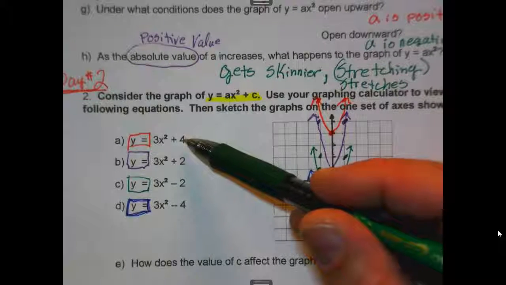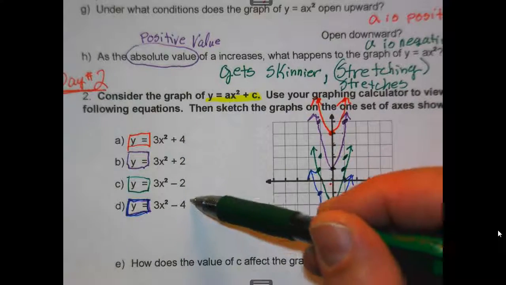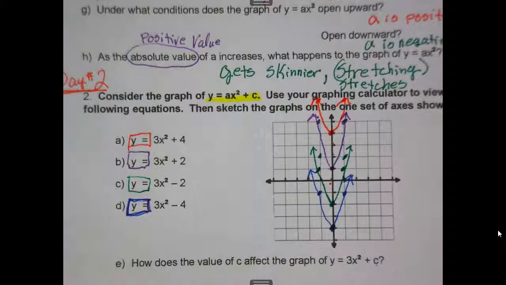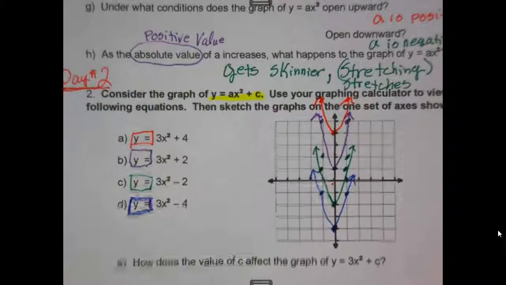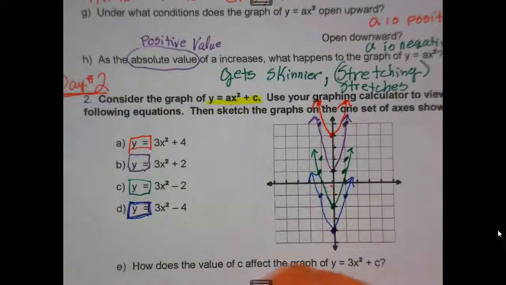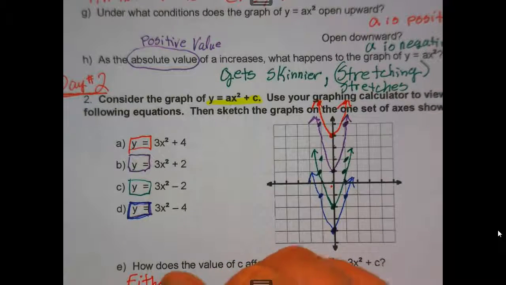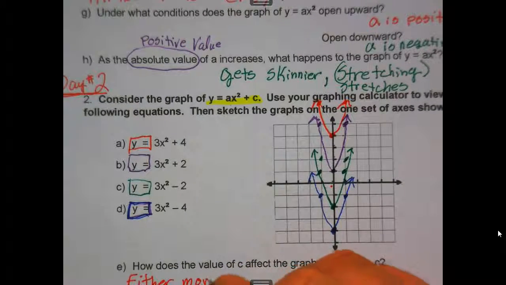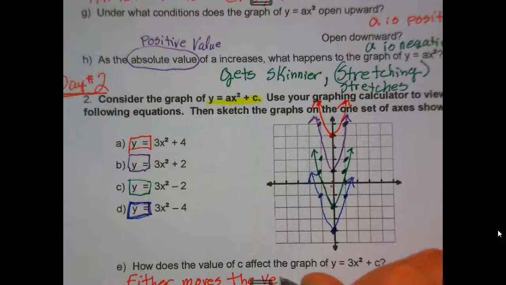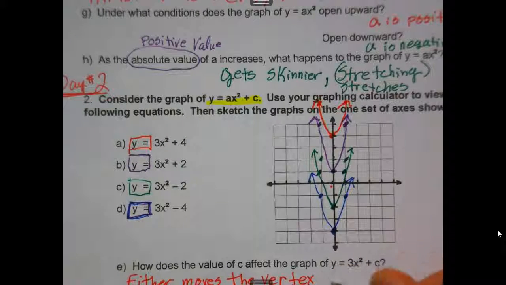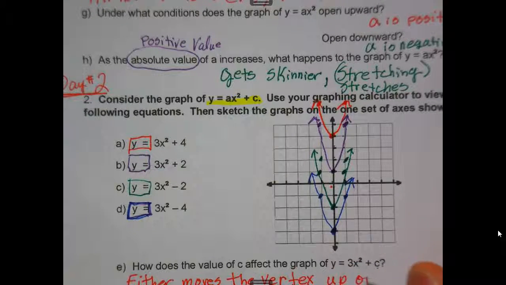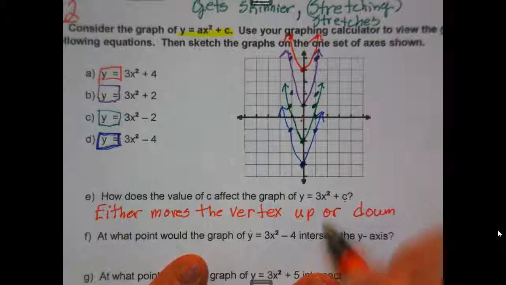Well, it either moves it up or it moves it down, depending on the sign. So it either moves the vertex up or down, depending on the sign.